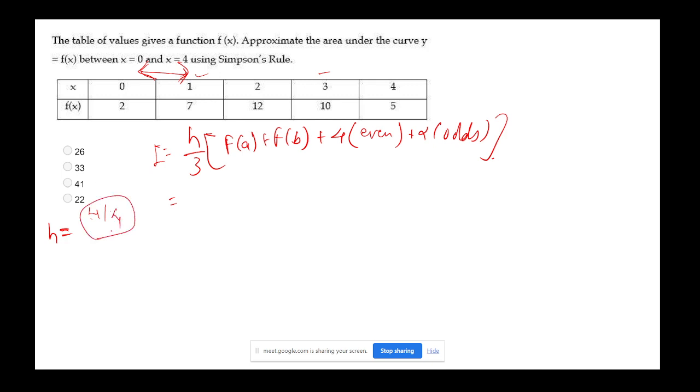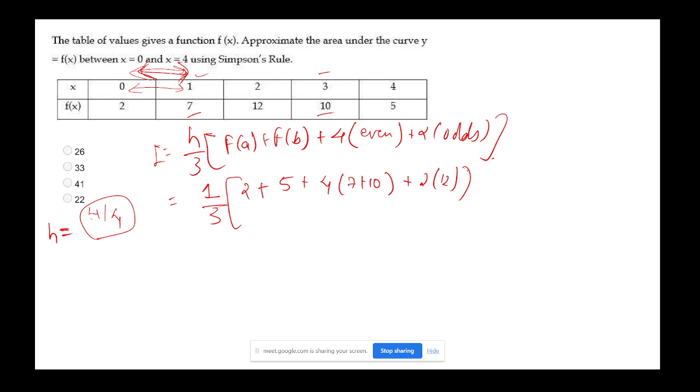You can directly know h by taking the difference between the two. So h is 1 by 3 times (f(a) is 2 plus f(b) is 5 plus 4 into these two values, 7 plus 10, plus 2 into 12).